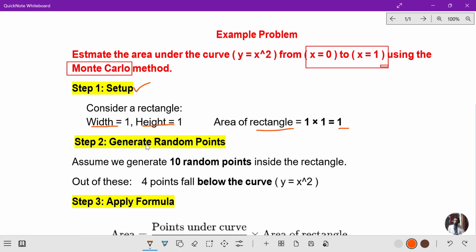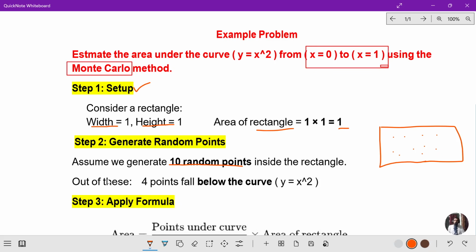The second step is to generate random points. After completion of the first step, we go to the second step, where we generate random points. Assume that we generate 10 random points inside the rectangle: 1, 2, 3, 4, 5, 6, 7, 8, 9, 10.